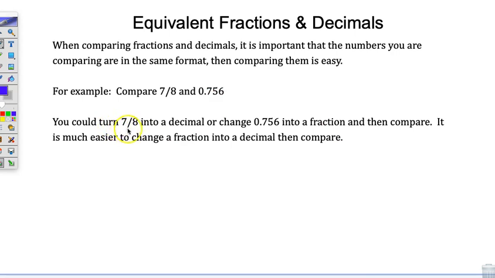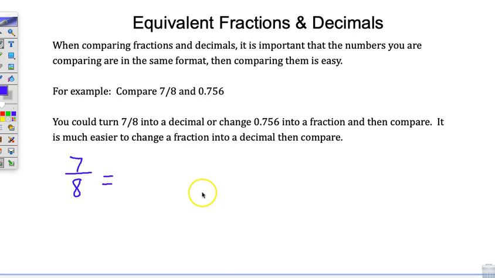You could either take 7/8 and turn it into a decimal, or change 756 thousandths into a fraction. It is much easier to change a fraction into a decimal and then compare the two decimals. So I'm going to figure out what 7/8 is equivalent to as a decimal.